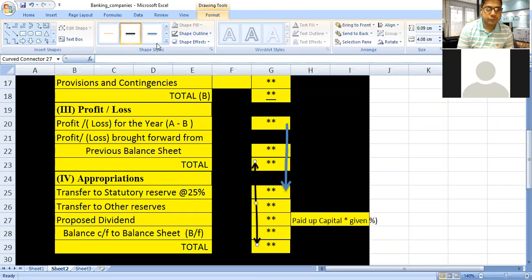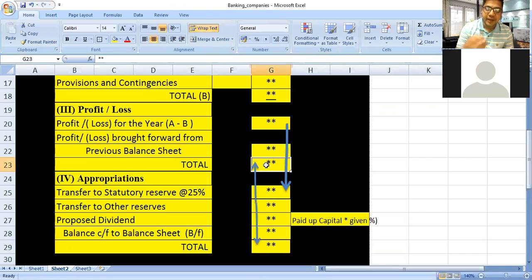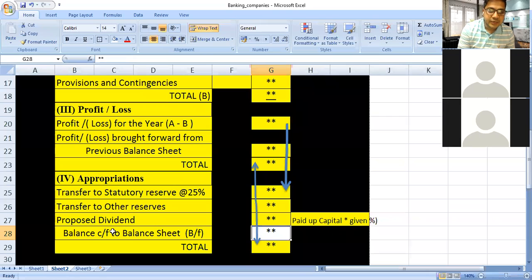The total of the profit and loss side and the total of the appropriation side should be equal. Suppose here there is 5 lakh; here also we have to keep 5 lakhs. Then we deduct these three items, and whatever balancing figure remains is considered the balance carried forward to the balance sheet.